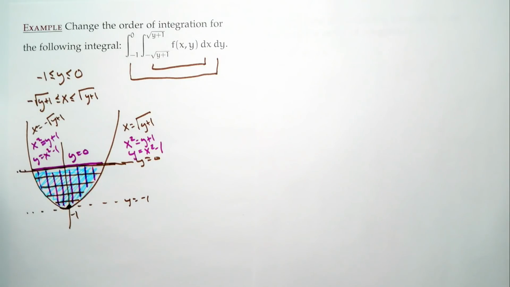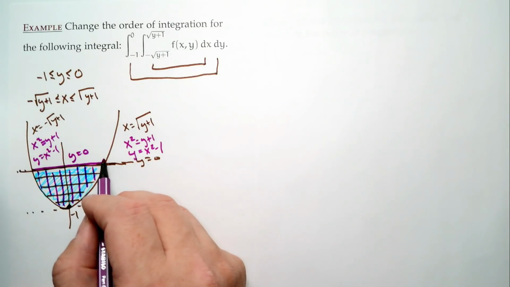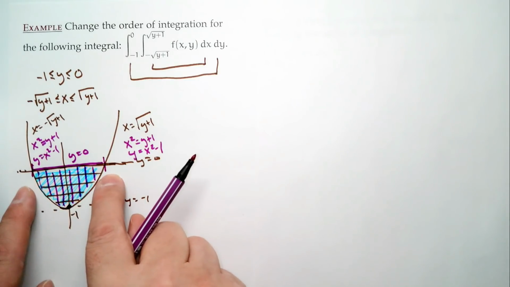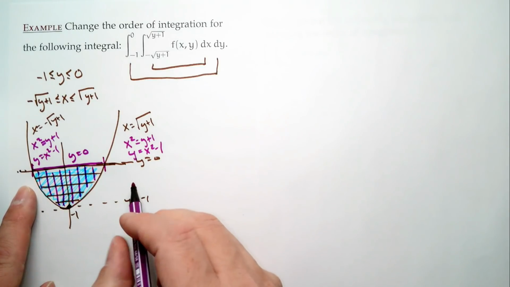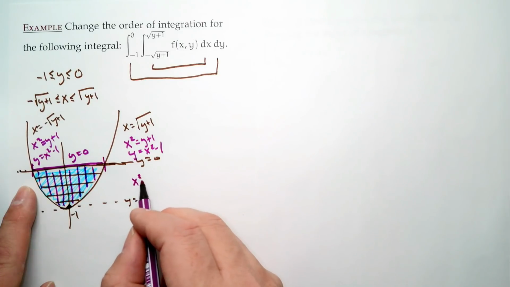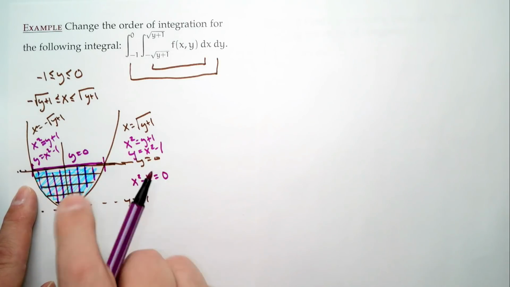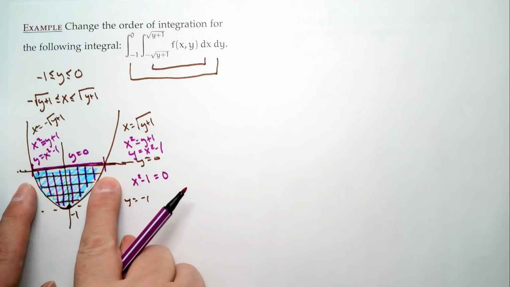X squared minus 1. Now, we're not quite ready to set the bounds because we have to figure out where we go between. In other words, we've got to figure out these places. Well, that shouldn't be too bad. That happens when x squared minus 1 intersects with 0. So where are these intersection points occurring for x?